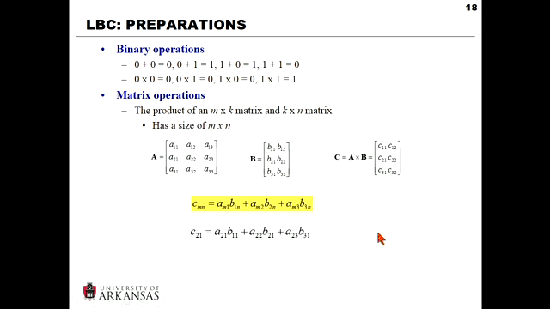Just simple matrix operation. For example, C21 is the second row of A times the first column of B, right? So the second row of A times the first column of B is A21 times B11 plus A22 times B21 plus A23 times B31, okay? So that's just simple matrix operations.